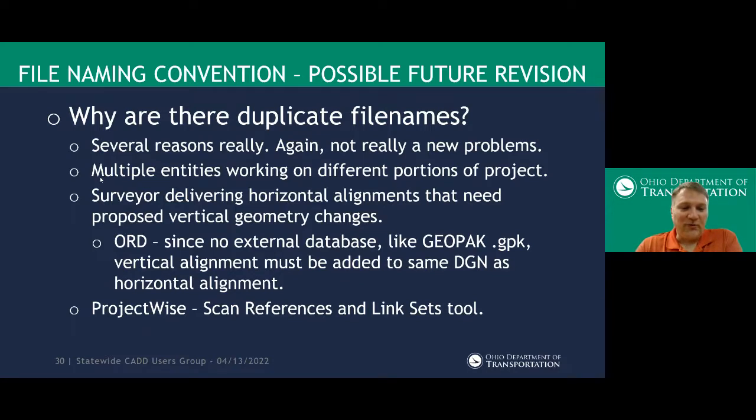Another example would be when surveyors are delivering horizontal alignments for an existing route, and then the internal designer needs to add a proposed vertical alignment. In ORD, there's no more of the GeoPack GPK database. So that vertical alignment must be added to that same DGN as the horizontal alignment. In GeoPack, we didn't care. You could have done that in any DGN.